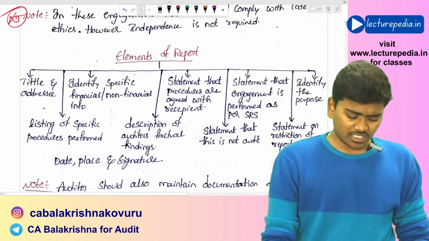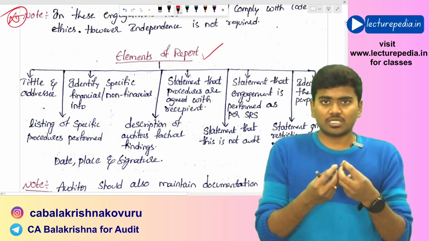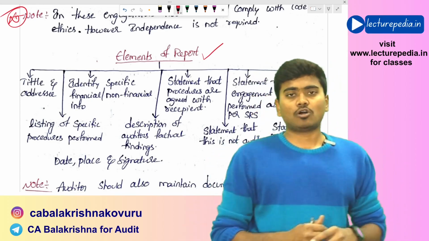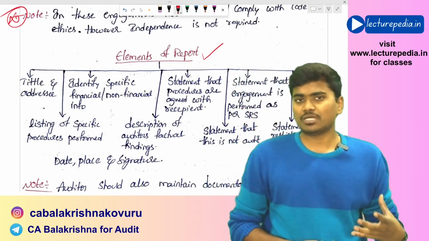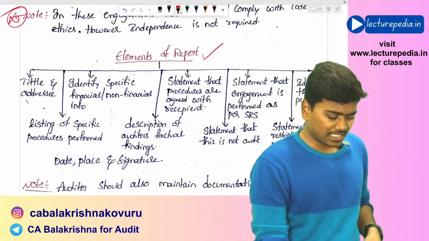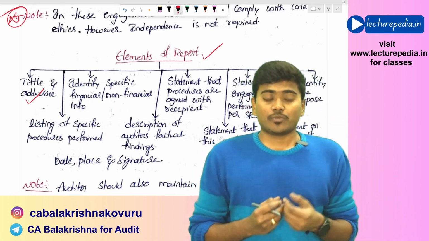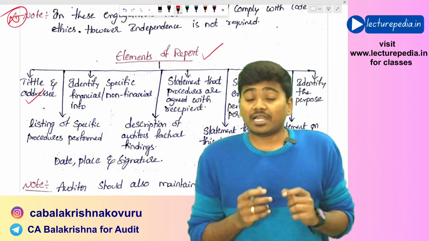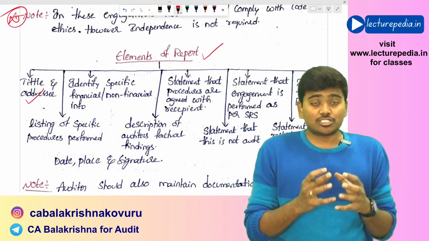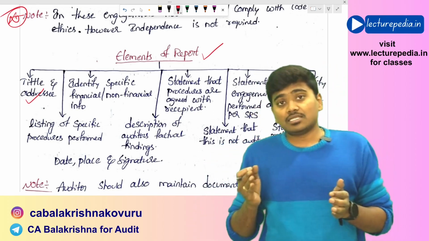And elements of the report, what could be the format or certain illustrative elements of the report that the auditor issues. First of all, every report will have a title and the address, right? After that, the auditor needs to identify on which financial information he is performing the agreed upon procedures, and he needs to identify that these procedures were agreed beforehand between the auditor and the management.